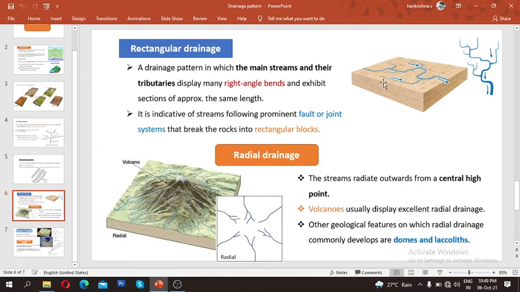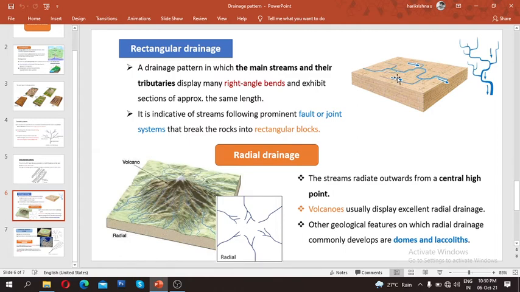So the tributaries which join the main stream will be almost at right angles. That is the same thing. And also in this rectangular pattern you can observe that it will be almost the same length. So there won't be any very violent changes in the tributaries. The tributaries also will be almost the same length.